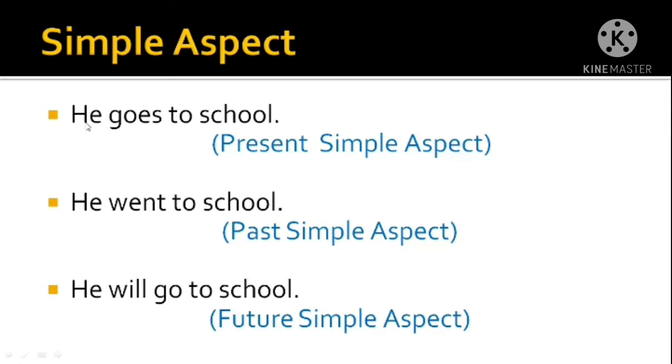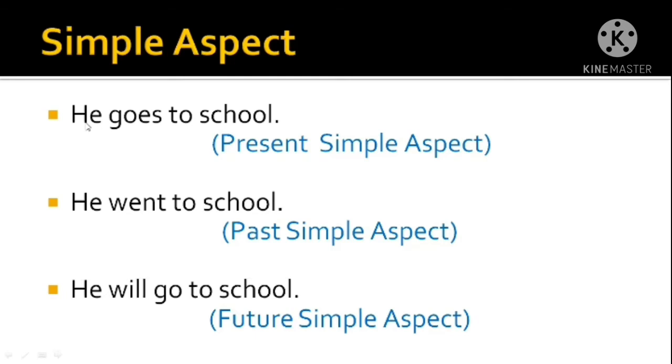Depending on the form of the subject, you need to apply the form of the verb. And once you understand that subject-verb agreement, automatically you will keep changing the forms of the verbs in respect of the subject. So here you have the first aspect called simple aspect. He goes to school, simple aspect, but in the present tense. He went to school. It is also a simple aspect, but in the past tense or past form.